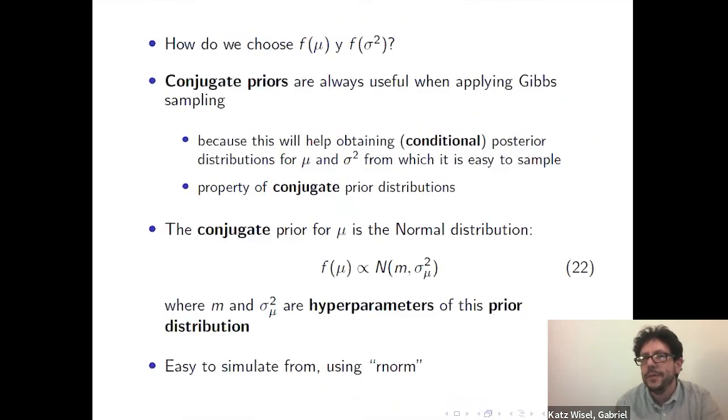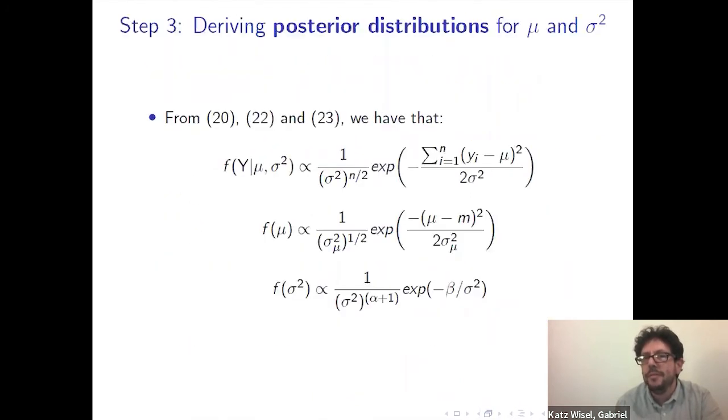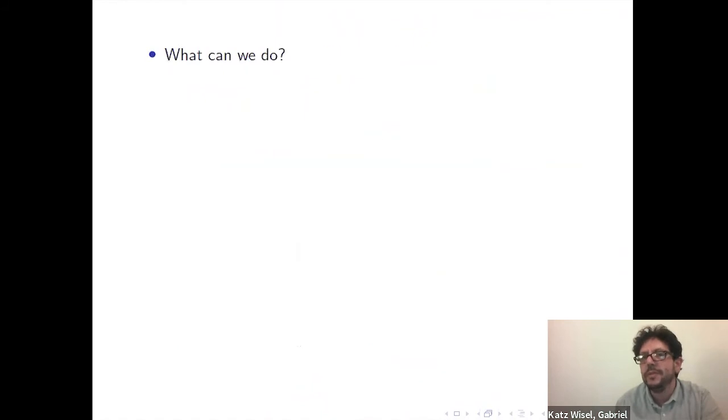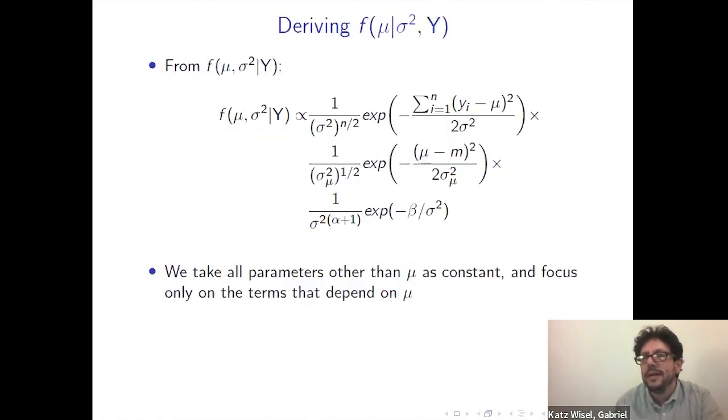And what I do is I derive the conditional distribution of mu, taking sigma squared as given. So in other words, take any term in this joint posterior distribution that doesn't depend on mu as a constant.